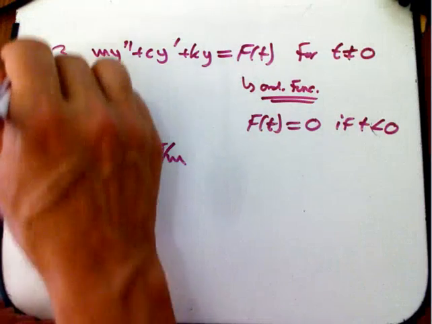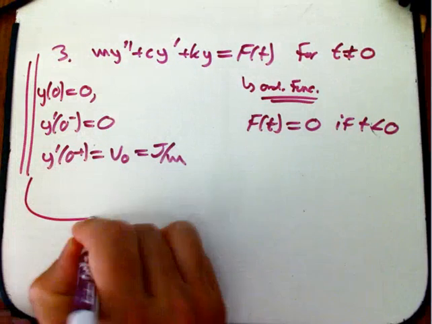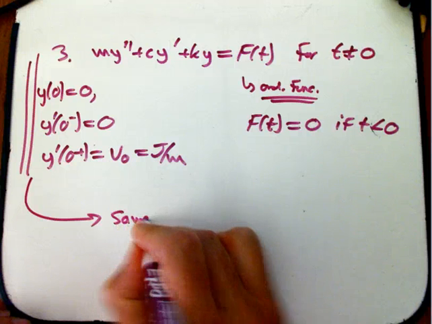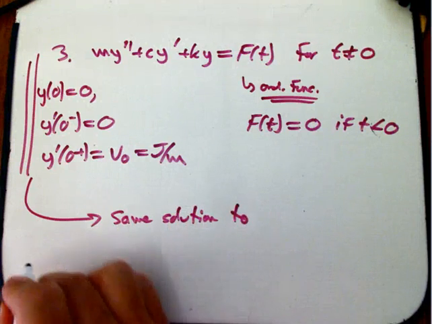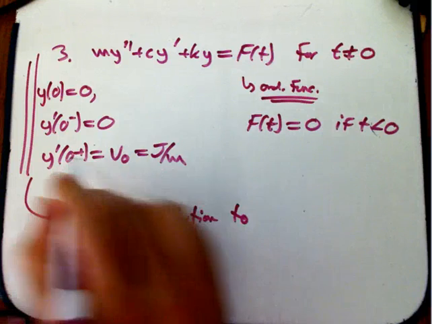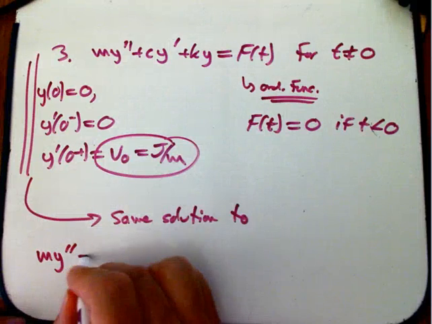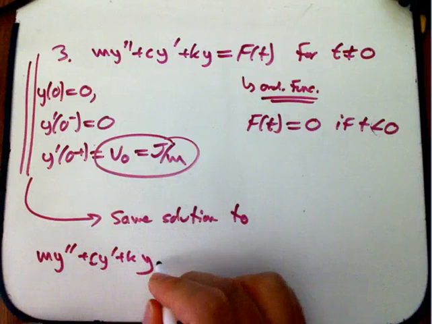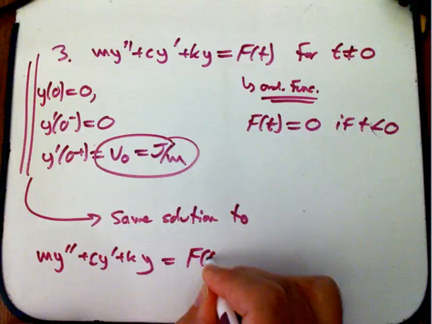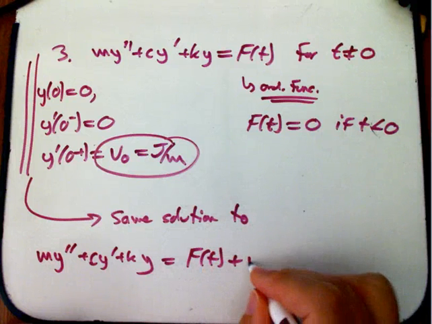The claim is that whatever the solution to this is, it is the same solution to this, where instead of putting this in there, you can just add it to the right-hand side.